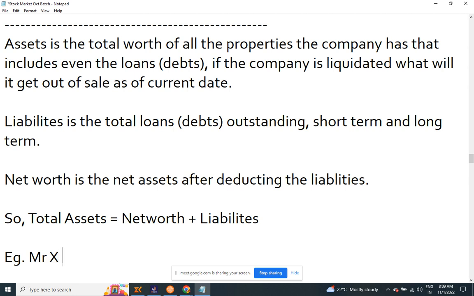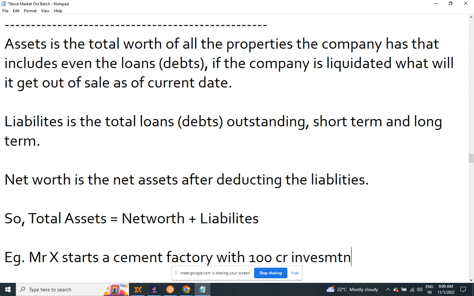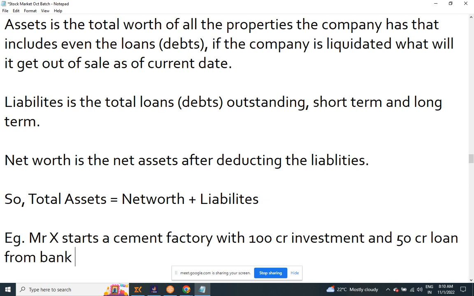Example, Mr. X starts a cement factory with 100 crore investment and 50 crore loan from the bank.